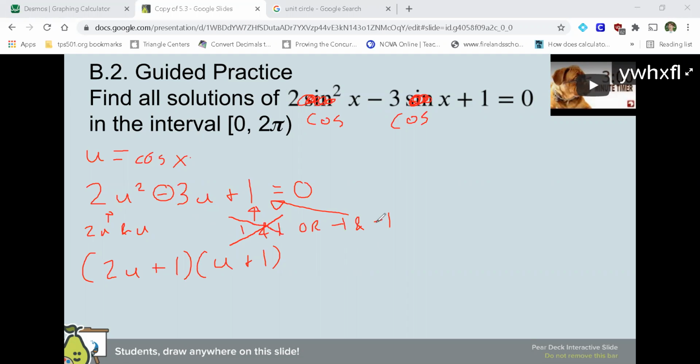The only one that works is if these are negative. Then if you distributed this out, 2u times u would be 2u squared. That's great. 2u times negative 1 would be negative 2u. Negative 1 times u would be negative 1u. And negative 2 minus 1 is negative 3. And then negative 1 times negative 1 is positive 1.